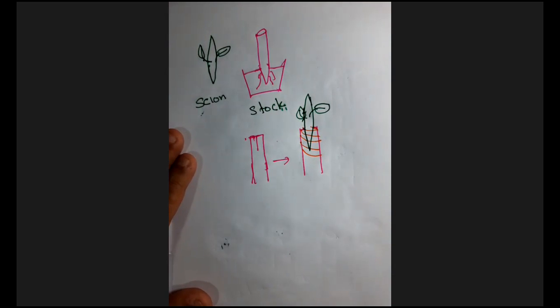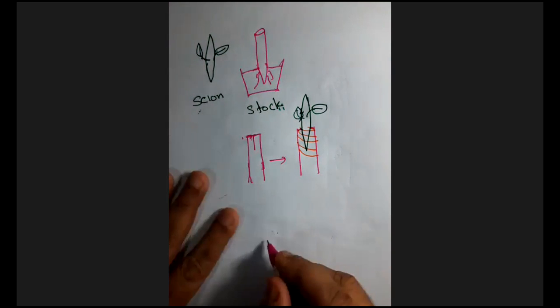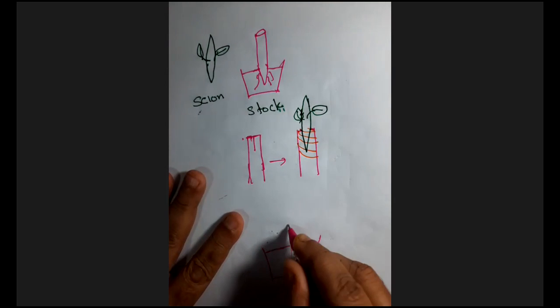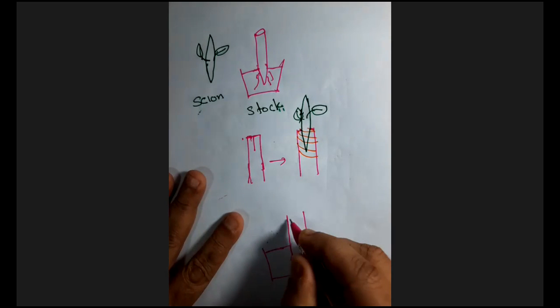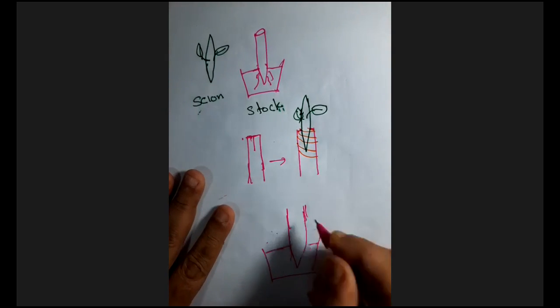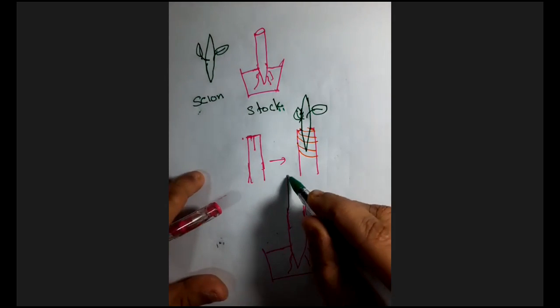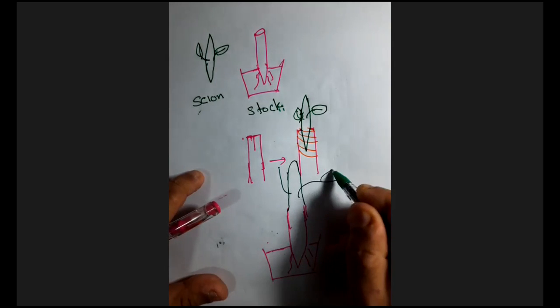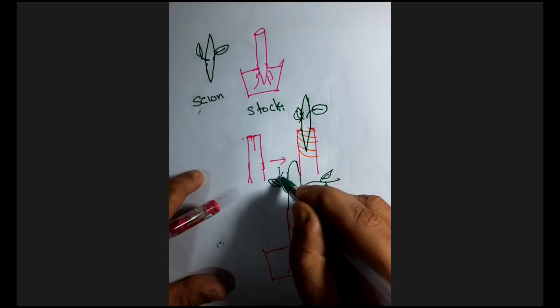After some time, both of them will fuse together. Finally, you will get a plant in this manner. Up to one level, it will belong to the stock. The upper part will belong to the scion. From it, branches will appear, leaves will appear, fruits will appear.